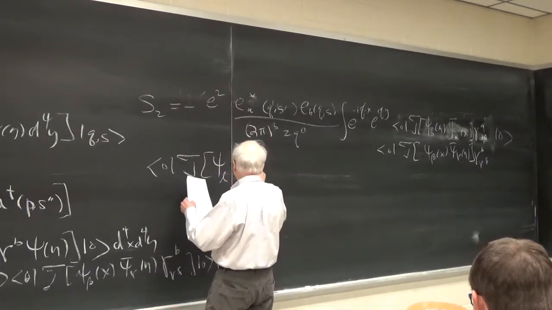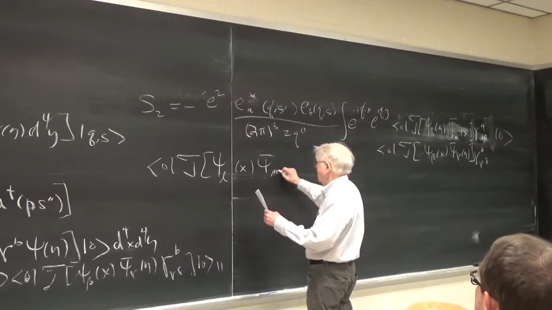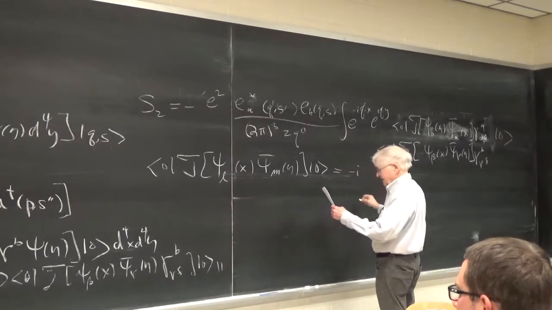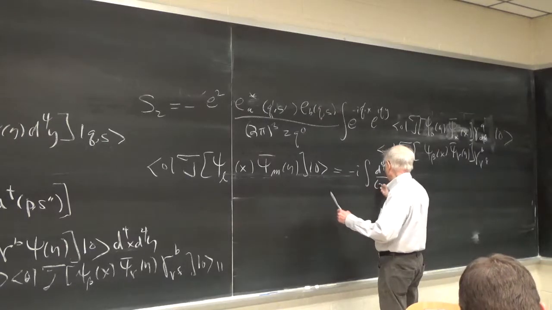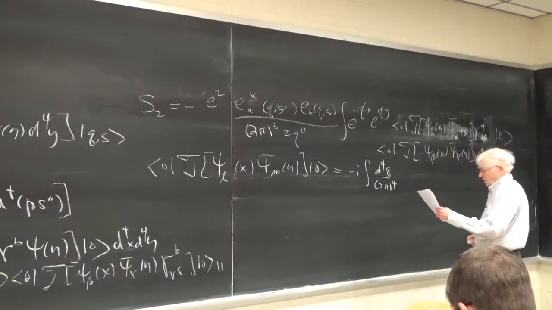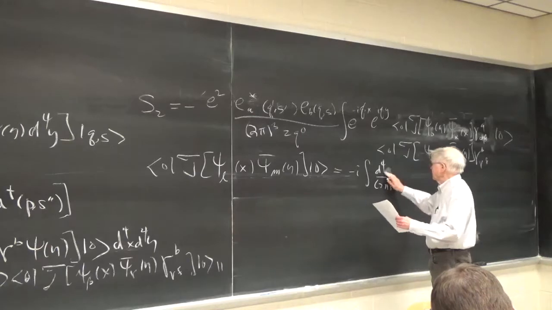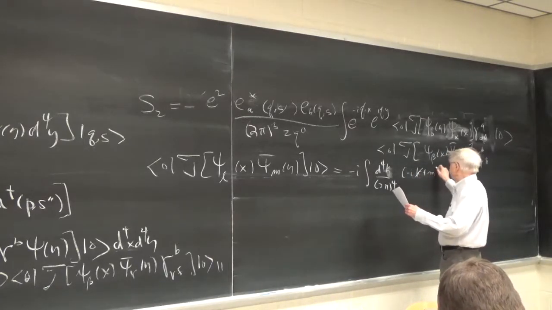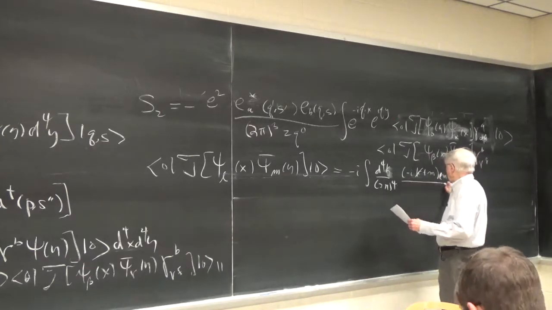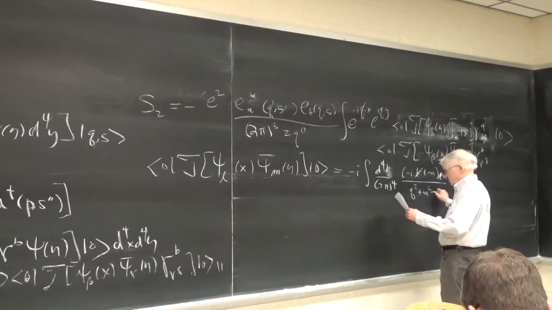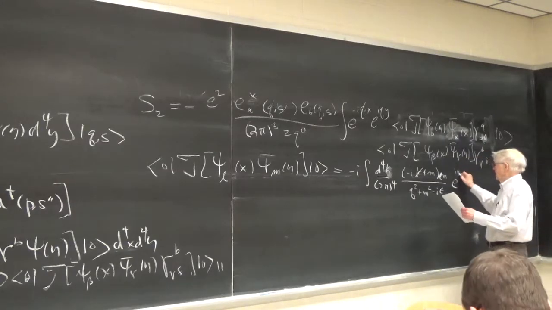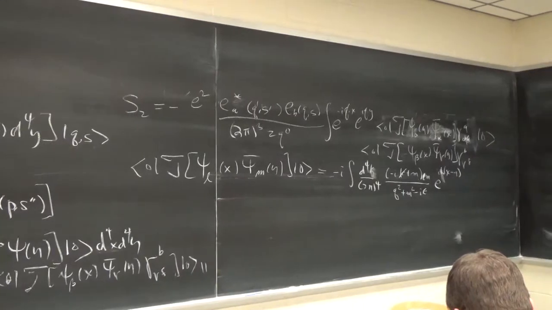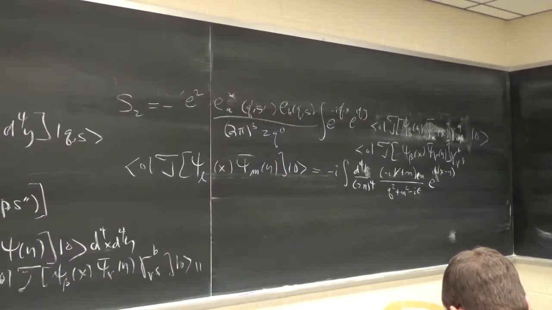I'll use the notation that I used, and I'll just use the part that we're actually going to use: minus i, d^4 q over (2 pi)^4, minus i k-slash plus m over q squared plus m squared minus i epsilon, e to the i q dot (x minus y). Actually, I decided to switch to k because we have q in this thing. So that's the fermion propagator.